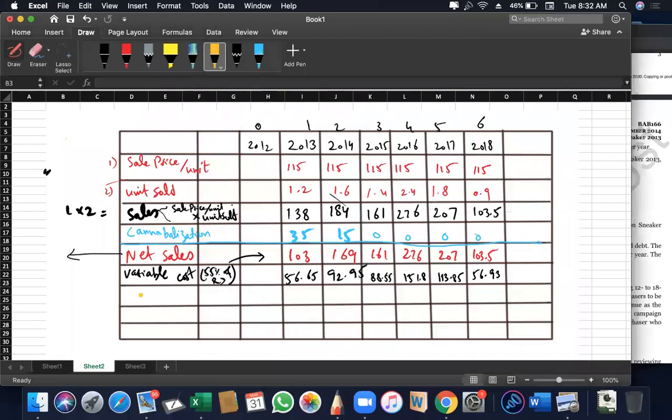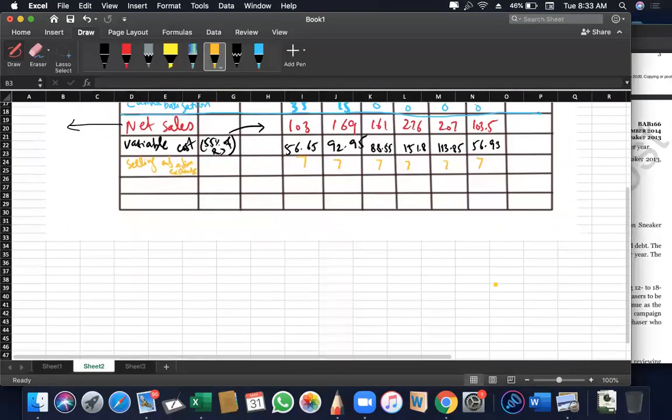So I will write here selling and admin expenses. You can write the full form as well. So it is 7 million each year.